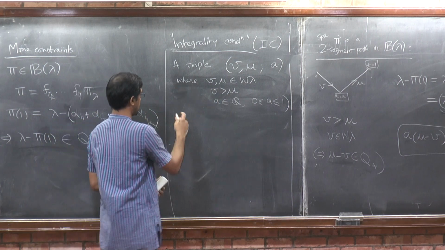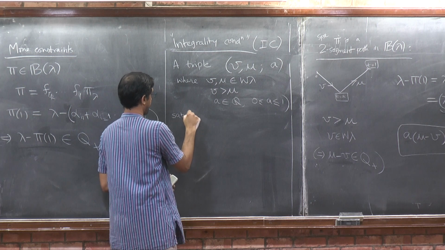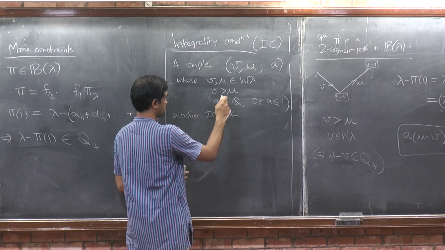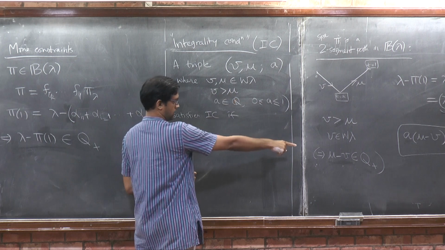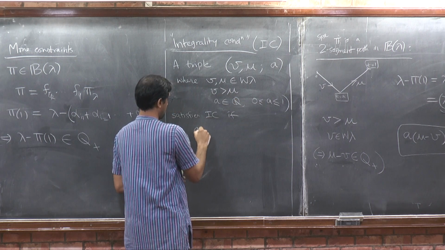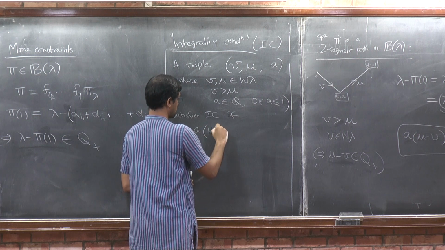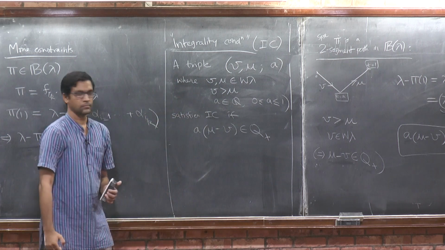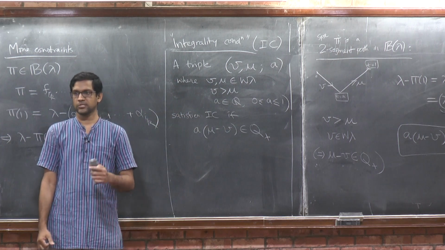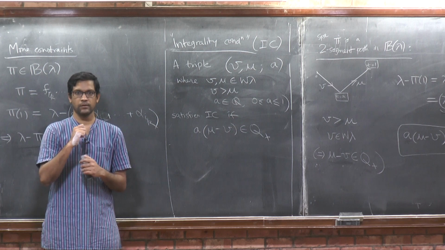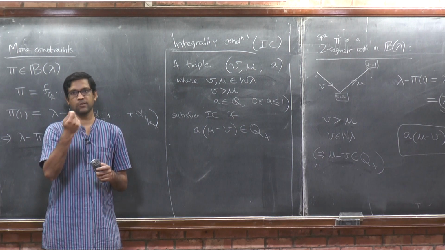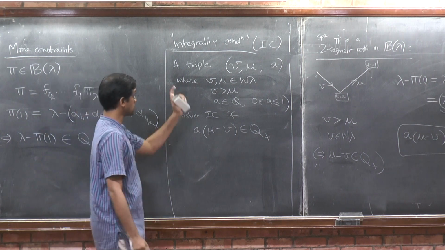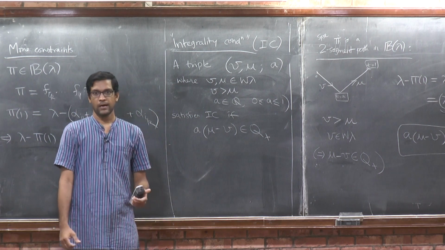Such a triple satisfies the integrality condition if not just mu minus nu belongs to Q plus, but A times mu minus nu belongs to Q plus. So this is something more. It tells you something that happens at that rational number A. That rational times this difference is there. So that's called the integrality condition for that triple.